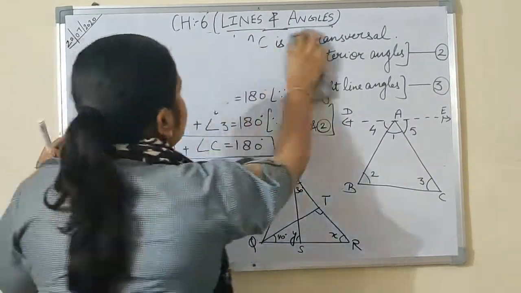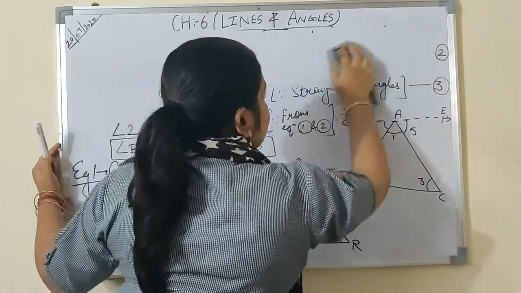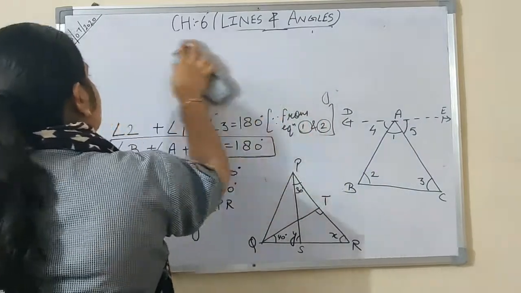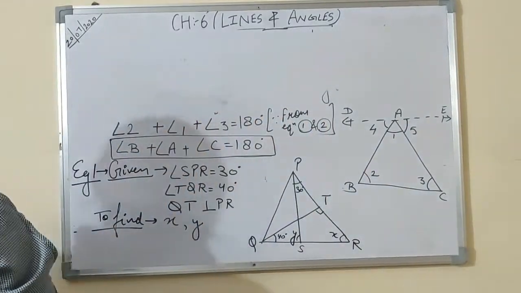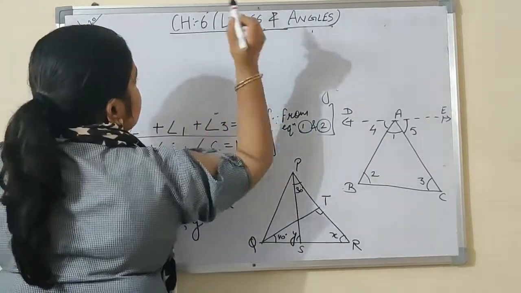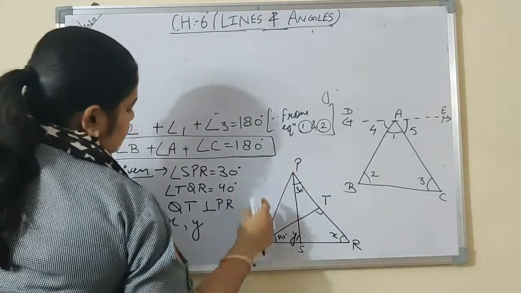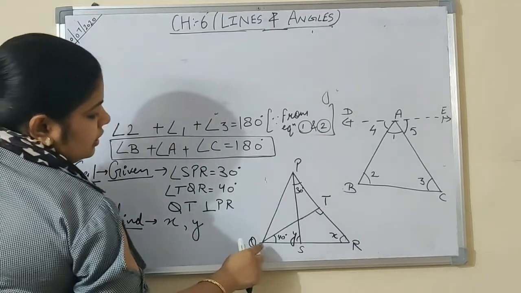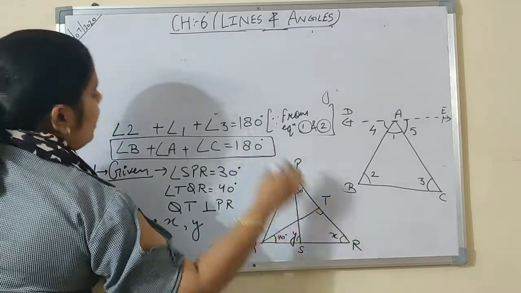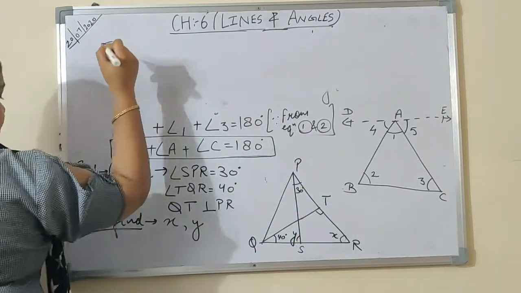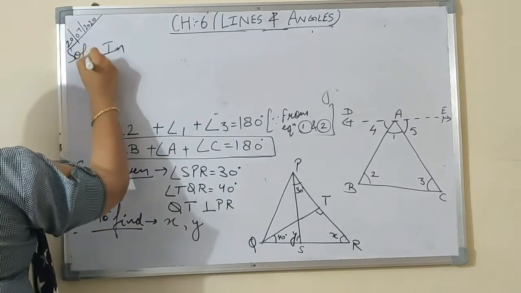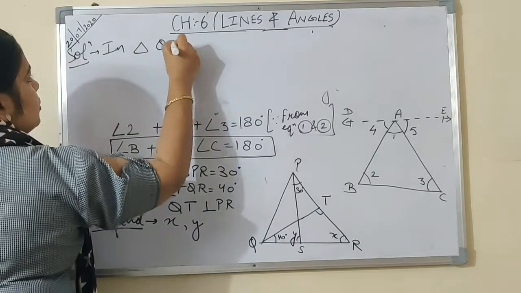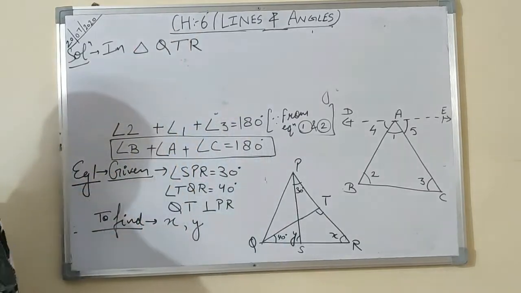Okay. Now, how to find? As you have already used the angle sum property in your previous classes, you will be able to find it easily. We will use the angle sum property of a triangle here. So first we will go in triangle QTR.